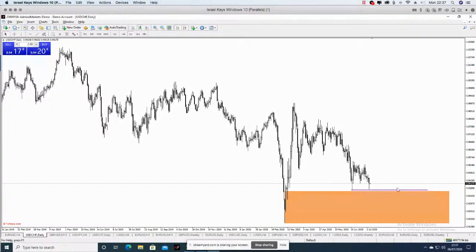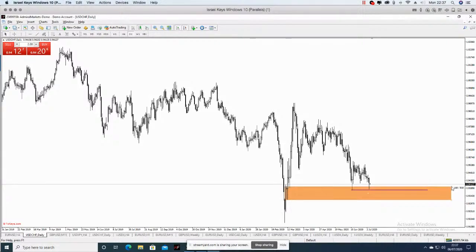This is something I saw when I was analyzing. Well, actually, that's already returned to the gap, so that's fine. So we could see that. And then if we did see that, it might not come all the way down there. It may stop there. So it might actually be this level here. But we don't know. But do the exact same process again for Swissy, UCHF.